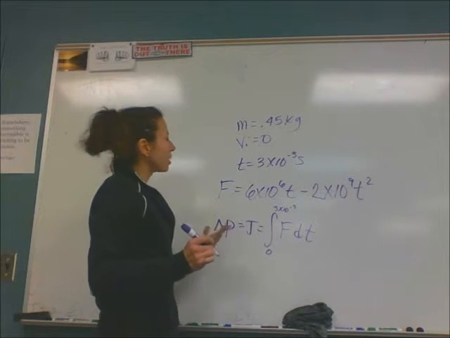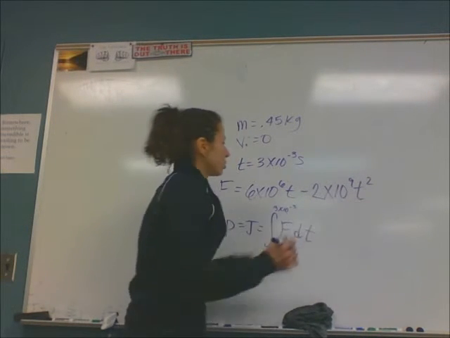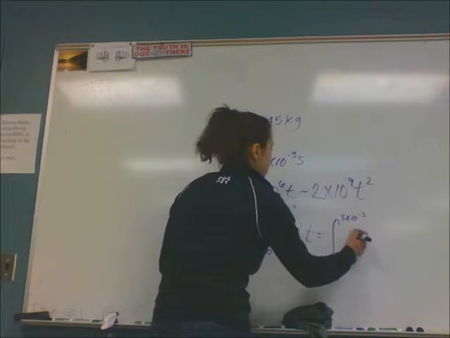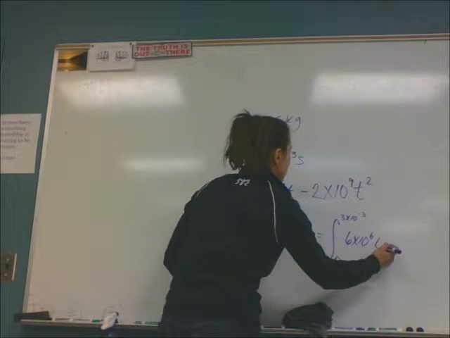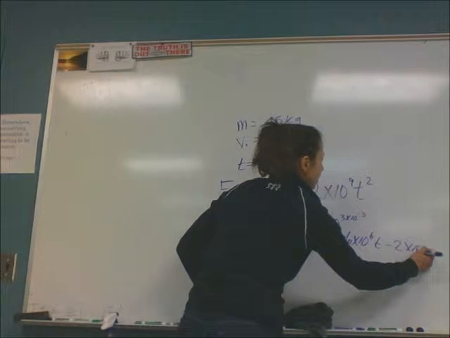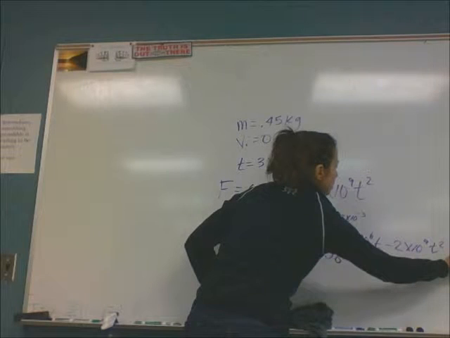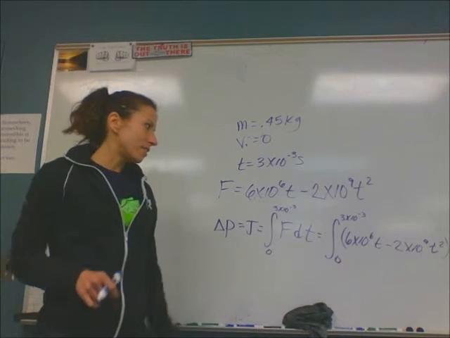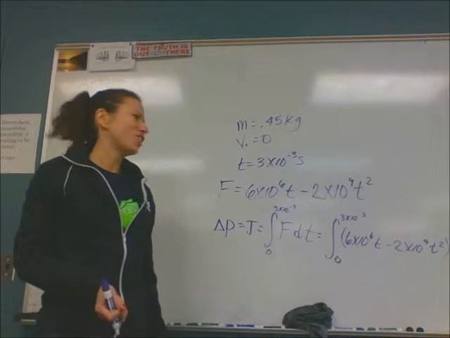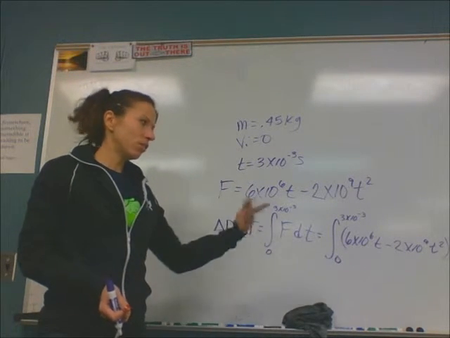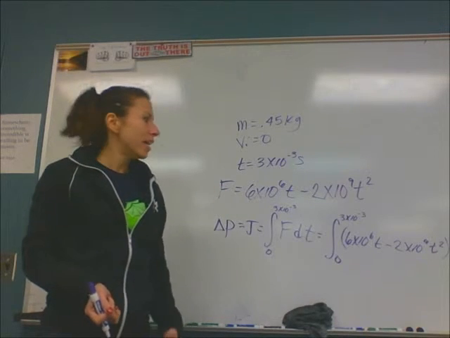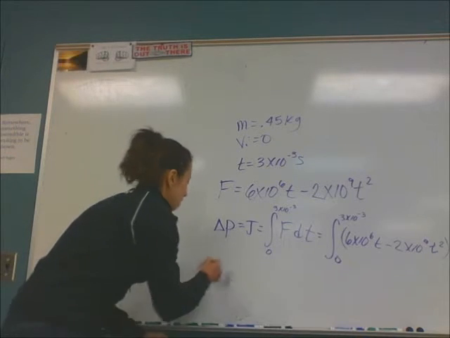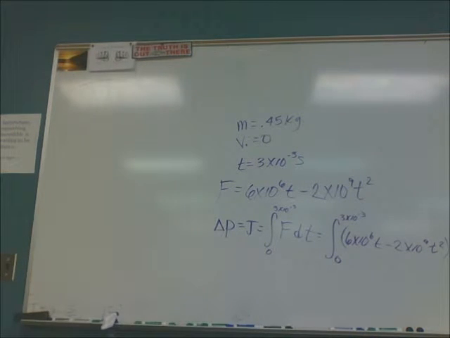Okay? And it looks scary because of all the scientific notation, but it's not. You've got the integral of t and the integral of t squared, and those two things are really easy to do. So you end up getting delta p equal to 6 times 10 to the 6 times t squared over 2 minus 2 times 10 to the 9 times t cubed over 3, all evaluated from 0 to 3 times 10 to the negative 3.